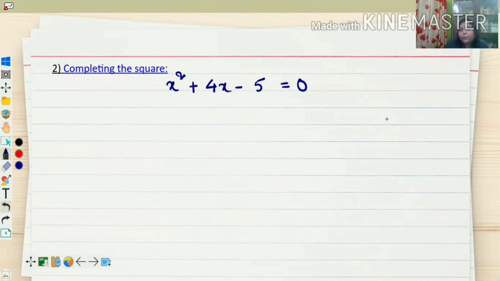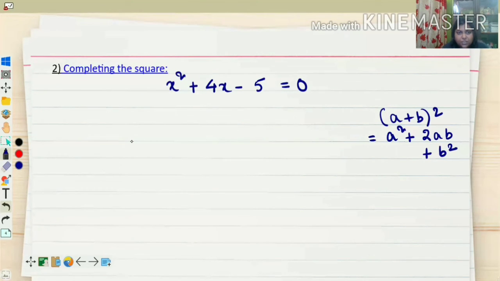You all know a plus b whole square equals a square plus 2ab plus b square. Now we have to arrange it somewhat so that it becomes a square term. So let's see how we can do it.